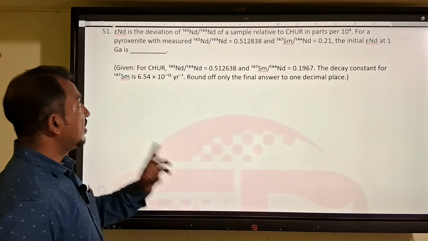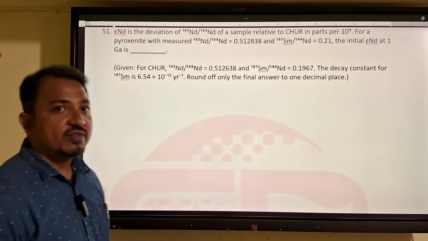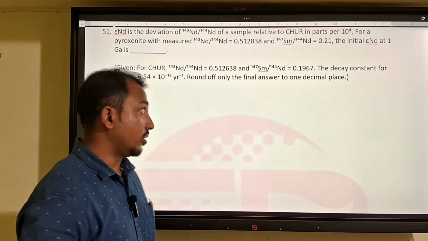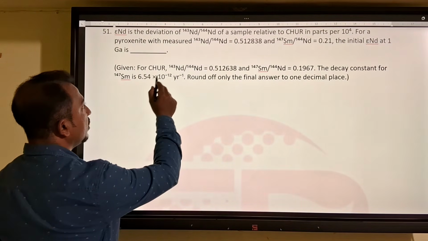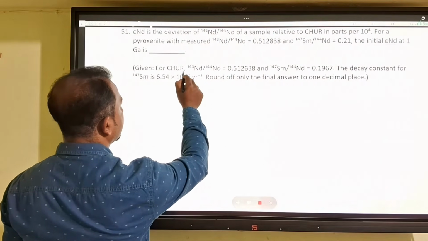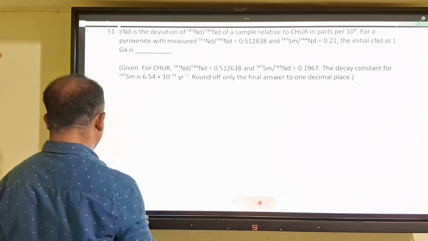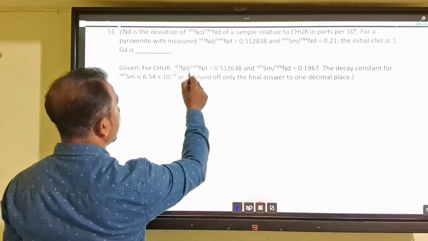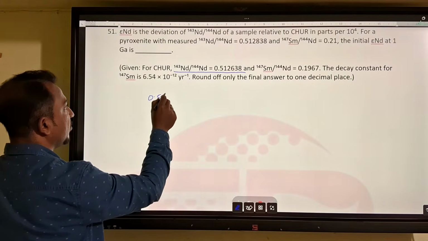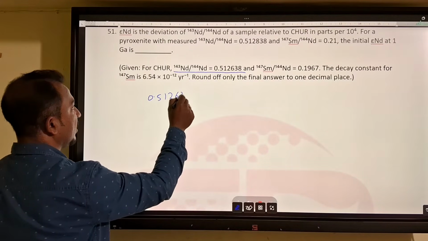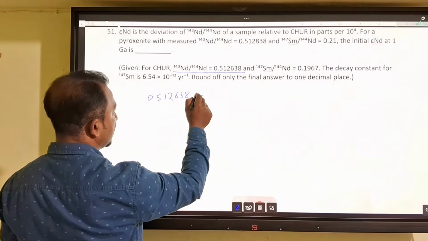Then we'll calculate the initial value of Nd 143 by 144 for CHUR, or chondrite. The present value of 143 by 144 is given as 0.512638.